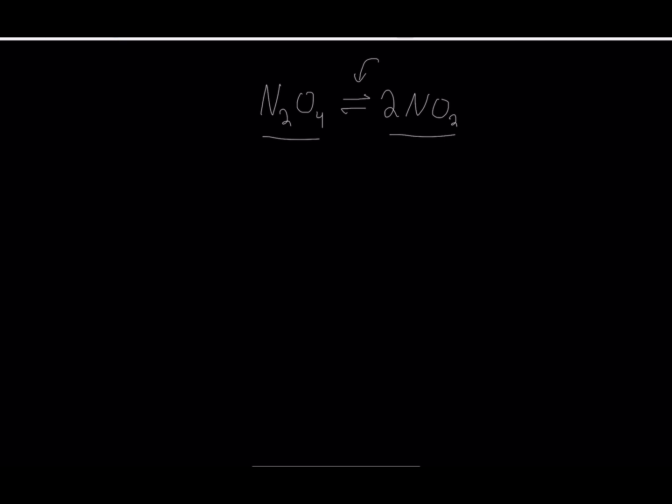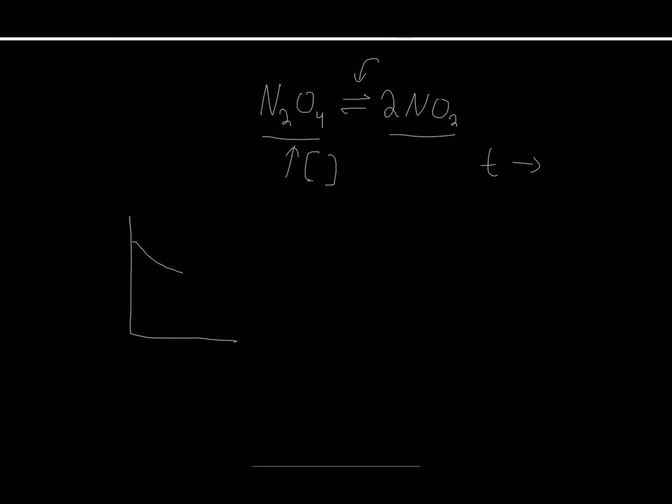So, let's say we put some N2O4 in a container. So we increase its concentration. Over time, as time progresses, some NO2 is going to start forming, and eventually that'll level off. Now, a big part about equilibrium that you'll be tested on a lot is graphs. So let's say we have some initial amount of N2O4.